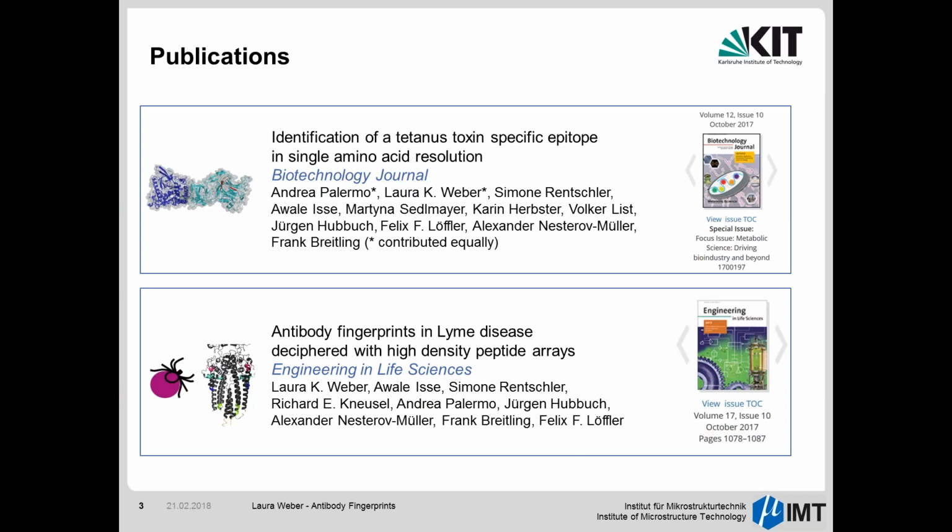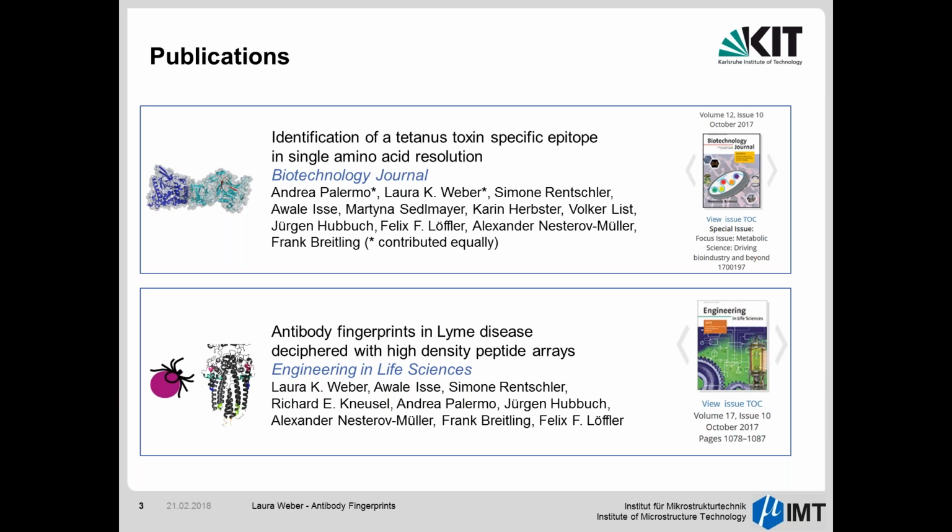The first study that I will talk about today was published in 2017 in Biotechnology Journal, and the title is Identification of a Tetanus Toxin-Specific Epitope in Single Amino Acid Resolution. This study served as a model system to establish the method due to the high vaccination rate against tetanus.